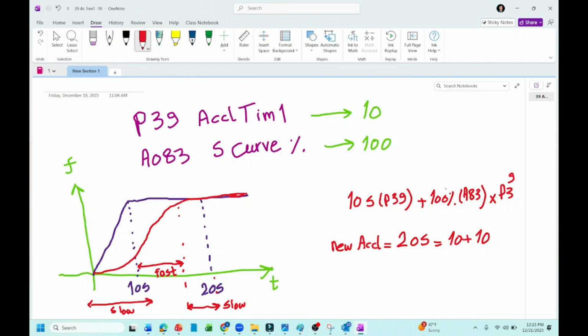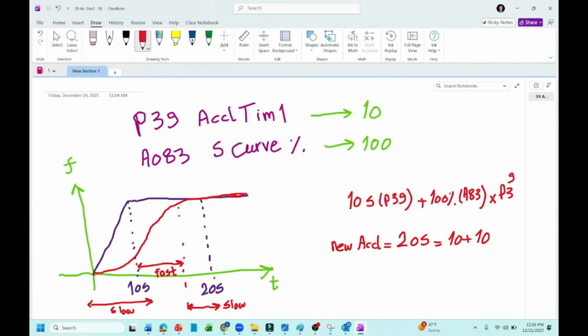So 100% of the 10 seconds is 10, plus what you have on P39, which is another 10. Technically you multiply the percentage you put on A083 by what you have on P39, and add it. For my case, 10 plus 10 is 20 seconds.